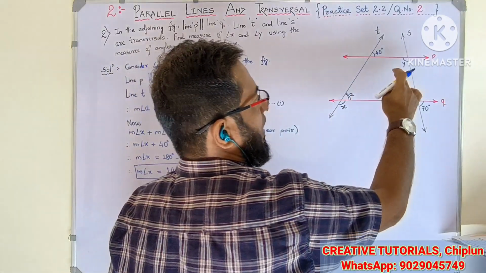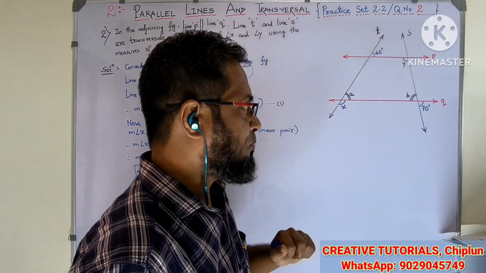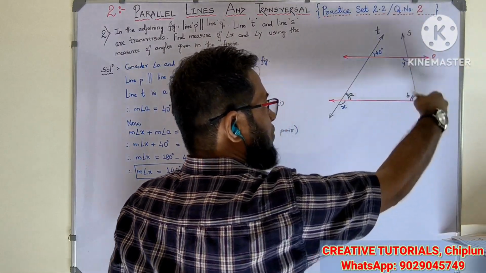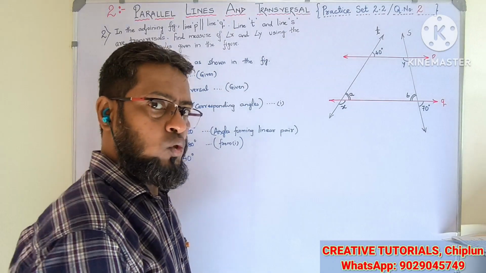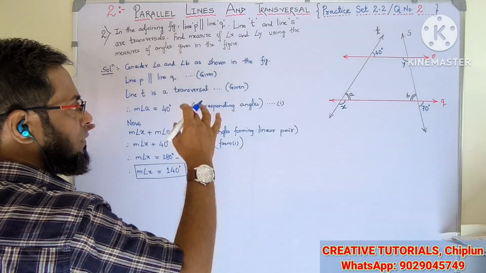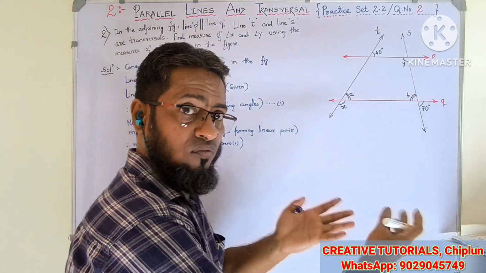You can see that measure angle Y is located somewhere here. This angle is made with the help of this line P and this transversal Q. So now again we will write all these things given to us so that our results and steps get justified.